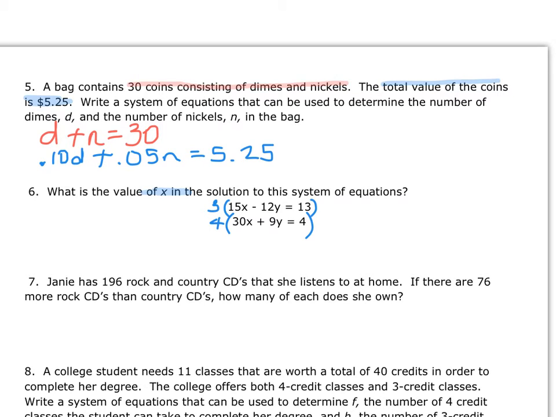All right. So 3 times 15x is 45x minus 36y equals 3 times 13 is 39.